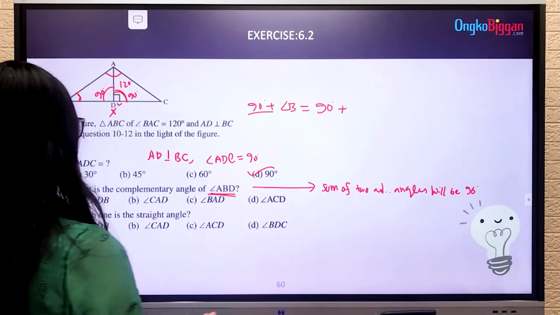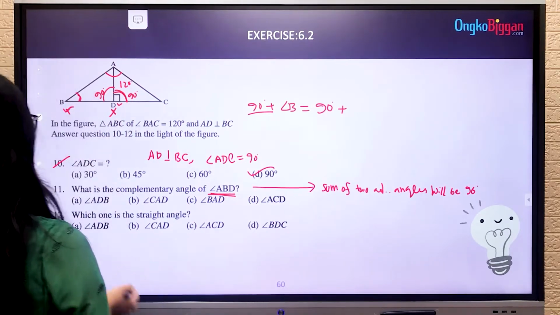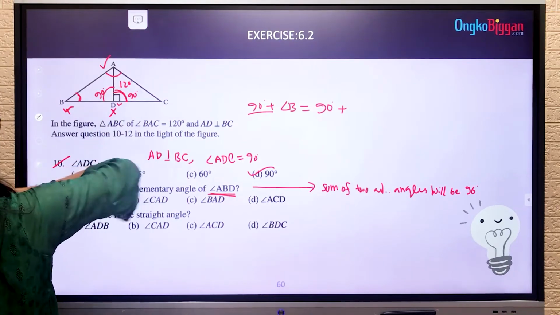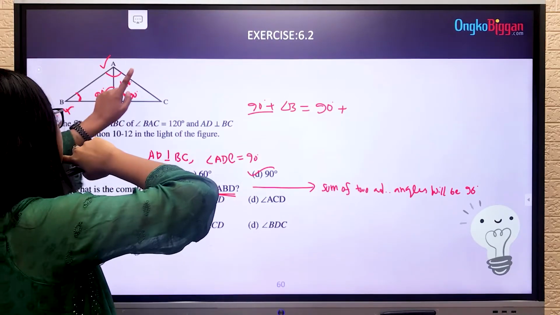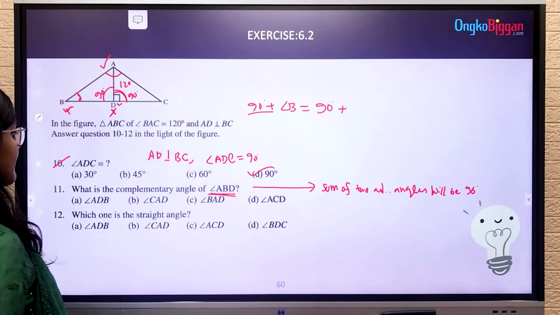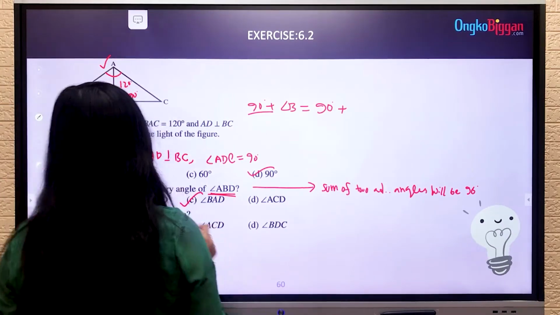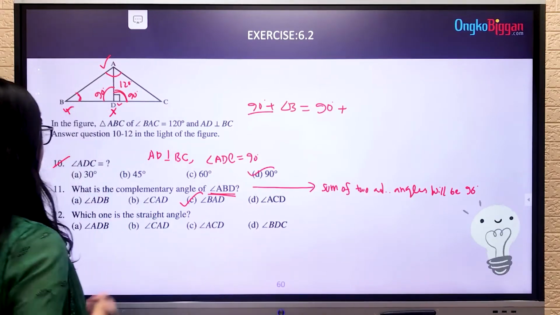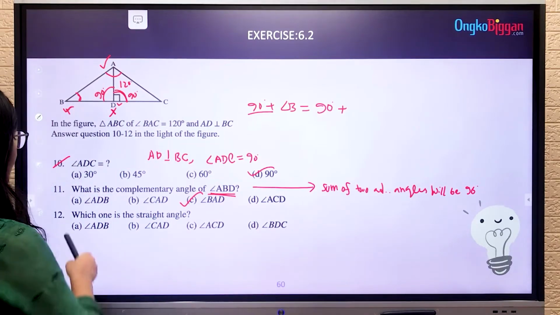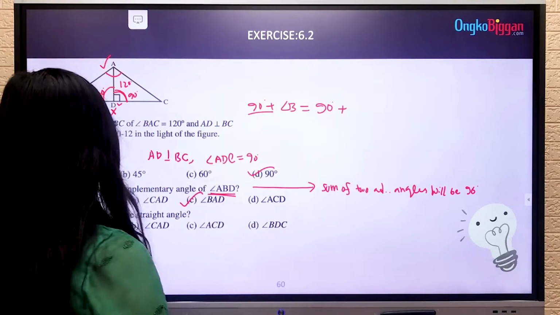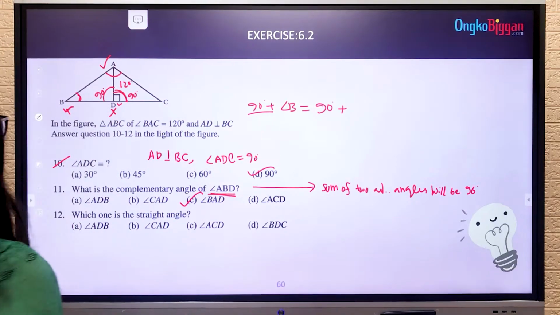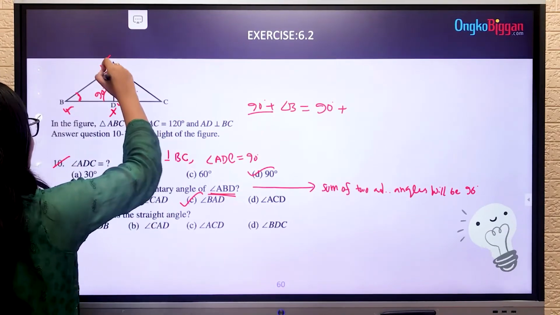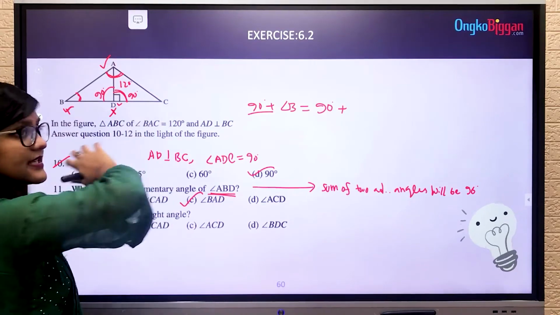So the complementary angle of angle ABD will be BAD. Our answer will be C, BAD. ADB can't be its complementary angle. So I hope you are clear. Okay, then number 12. Which one is the straight angle? If we look at the picture, this is 120 degrees, it's given.